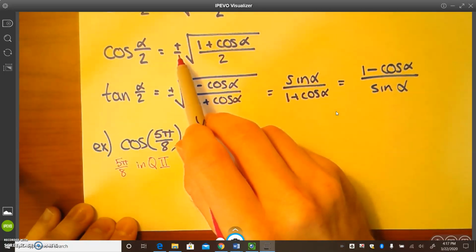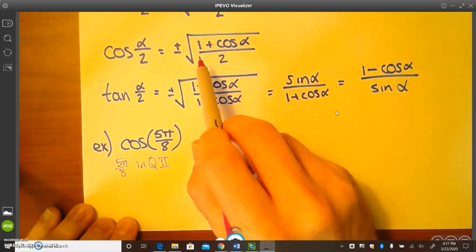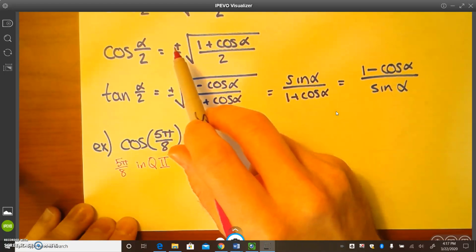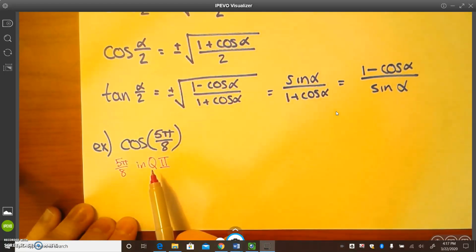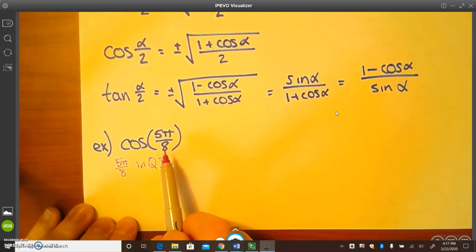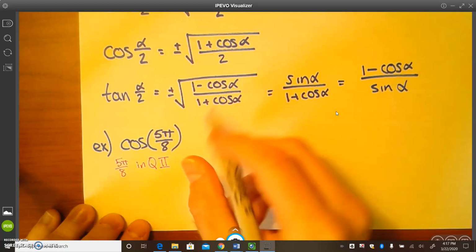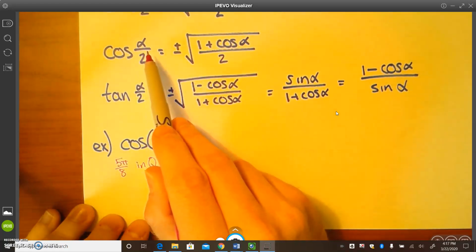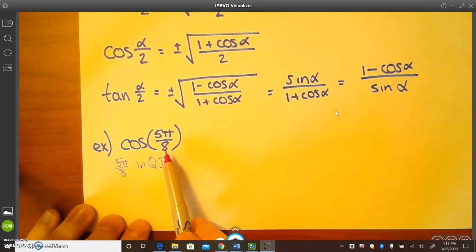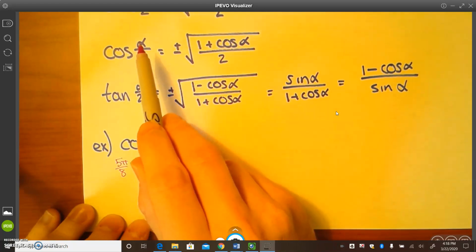So that's going to tell me about this whole plus minus in front of it. I'm going to choose the negative root of my formula, not the positive root, and that depends on what quadrant the original angle we're evaluating lies in.